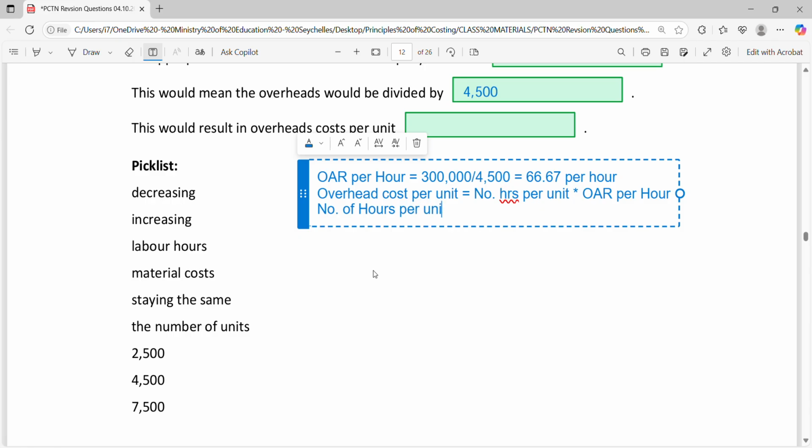So the number of hours per unit is 4,500 hours divided by 7,500 units.